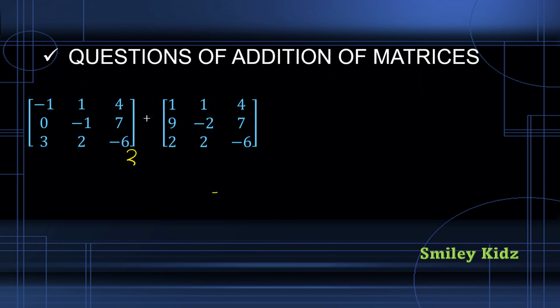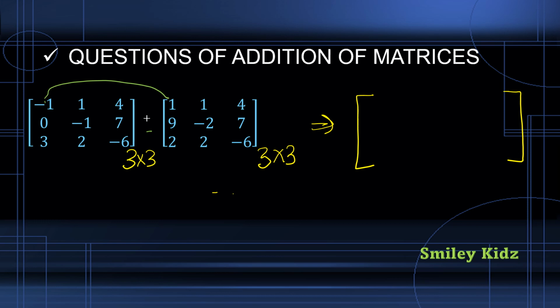Now here we have the order of matrix as 3 cross 3 and 3 cross 3. So addition is possible. Now let's see how to add these, right? Minus 1 plus 1 will give you 0. 1 plus 1 is 2. 4 plus 4 is 8. Then you have 0 plus 9, which is 9.